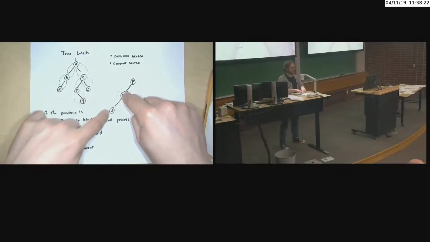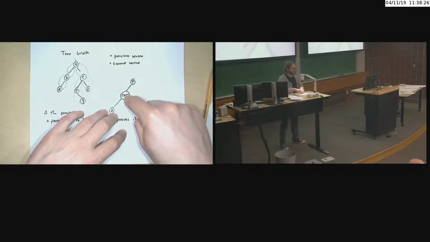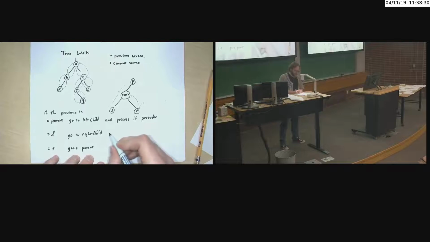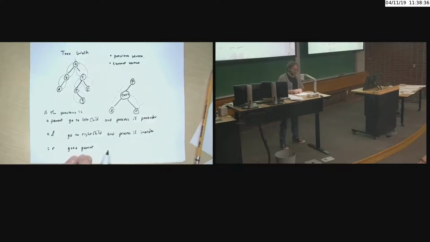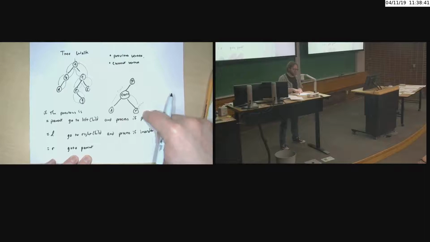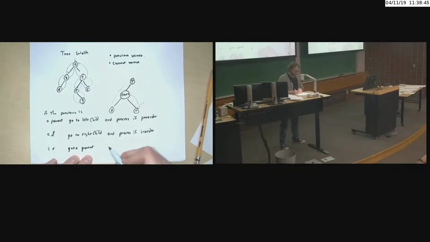Instead, go down to the left child first, do everything down there. When you come back for an in-order traversal, that's when you process the current. So process if in order. Otherwise, if you're coming back up from the right, you already did the left, you already did the right, and now you come back up, and now you want to process the current, then that corresponds to a post-order traversal.